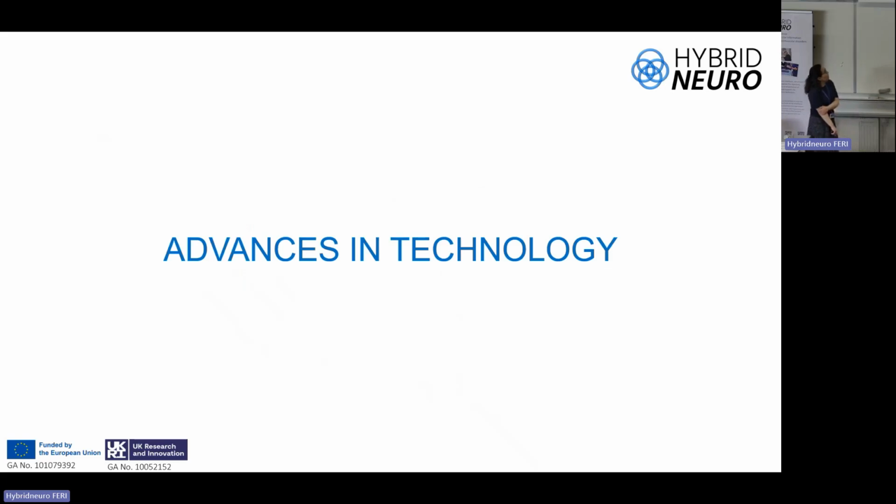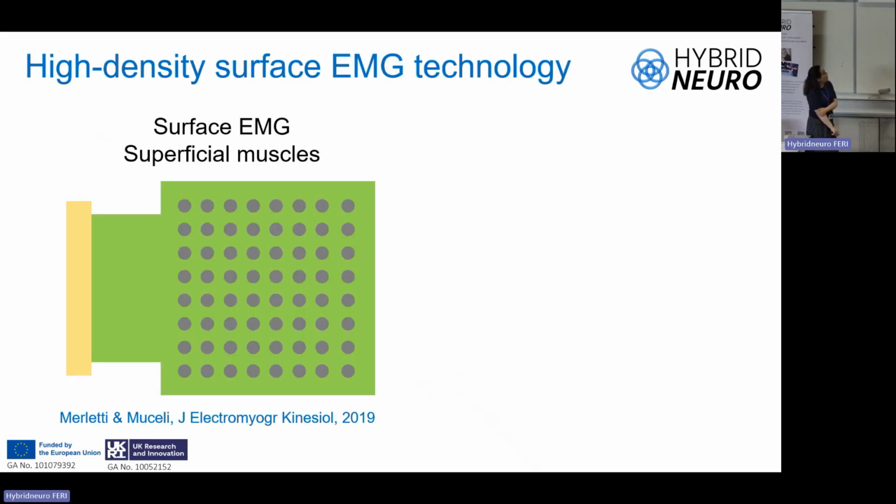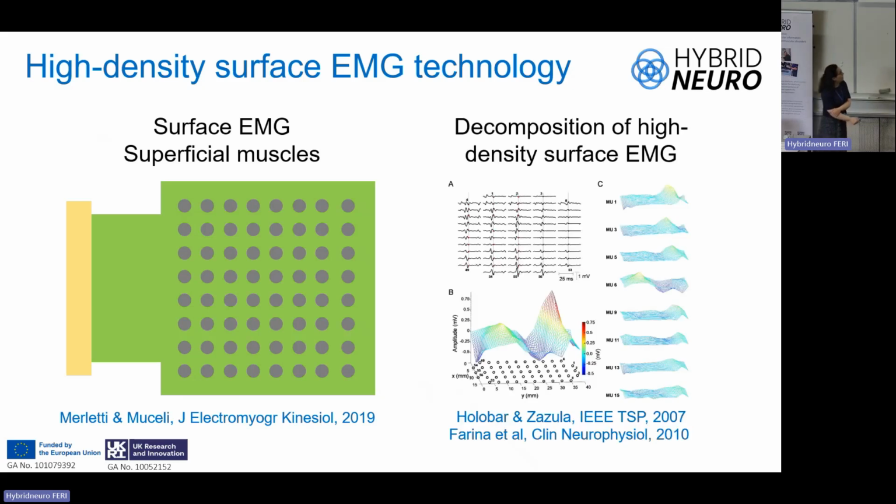This is why people have thought about advancing the technology. One of the first advances was the use of high-density surface EMG for motor unit detection. Alex was a pioneer on that, and he developed his famous CKC algorithm to decompose high-density surface EMG signals into motor unit action potentials.